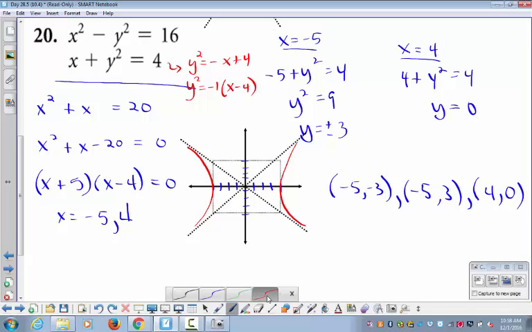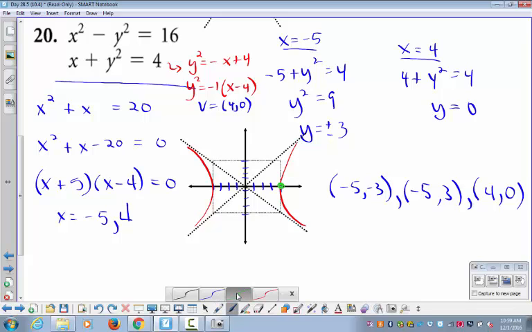So with the parabola, to put it in a standard conic form, isolate the square and then factor the other side. So 4p is equal to negative 1. So p is negative 1/4. All right, and the vertex is 4 comma 0. So vertex here is 4 comma 0. And that's right there. 4 comma 0.